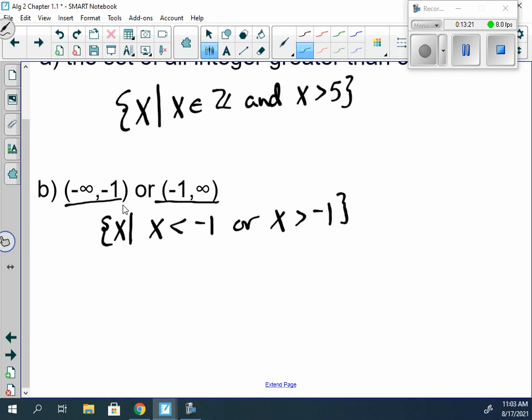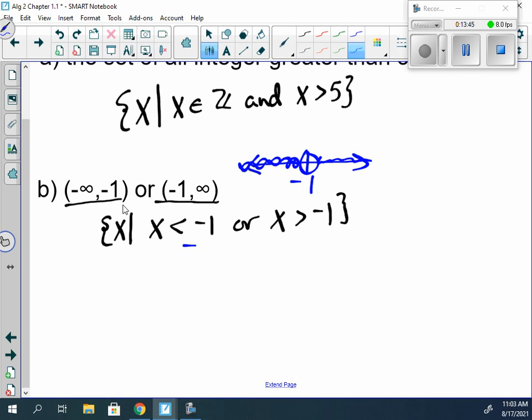Now this here, we could actually write it in a different way because, well, if we were to graph it, you don't have to graph it, we'd have negative 1, open, and we'd shade everything that way. That would be the first statement. The other statement, well, negative 1, and we shade everything the other direction, yes? So what's the only thing not included?